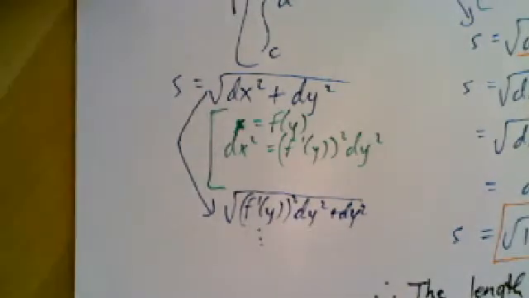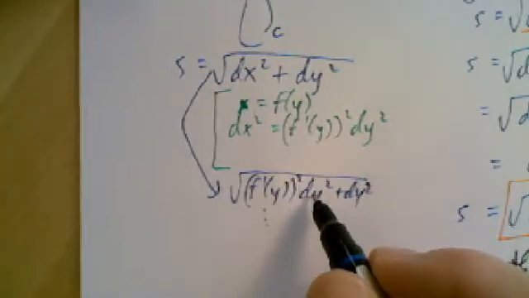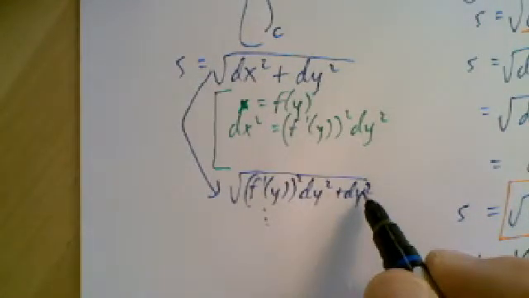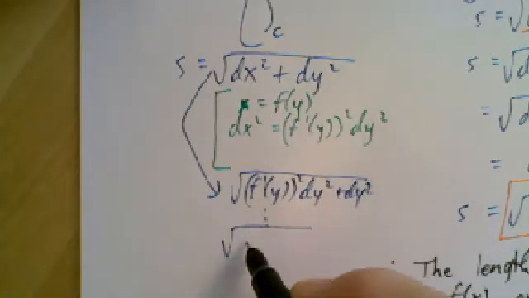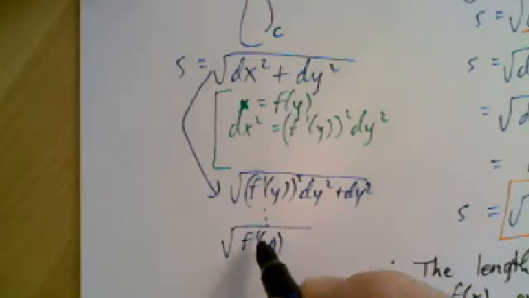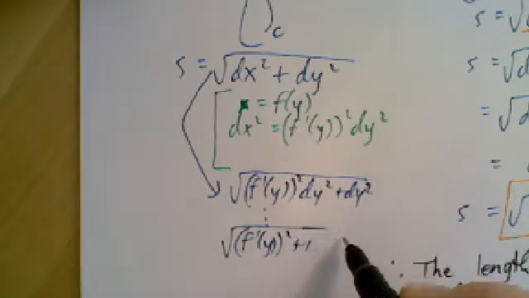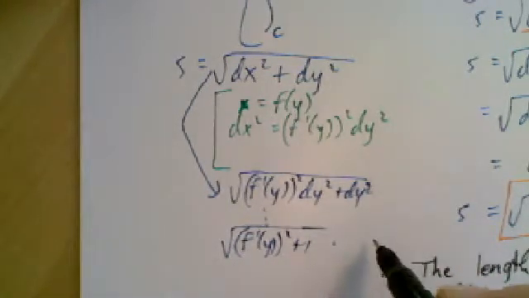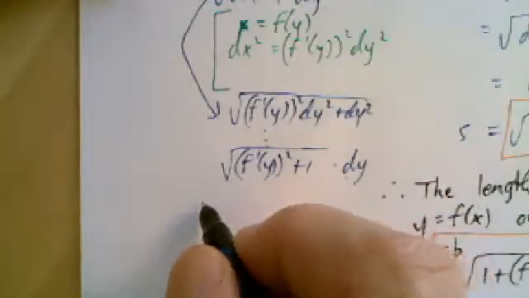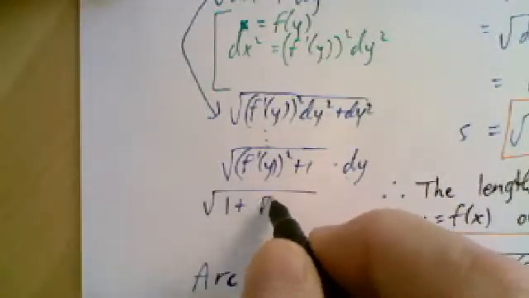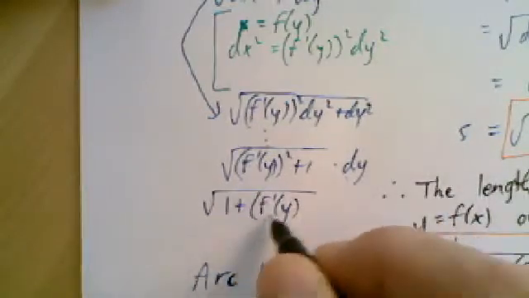A few steps later, we factor out the dy squared and separate the square roots, so we get the square root of f prime of y squared plus 1, multiplied by the square root of dy squared, which is just dy. But the preferred way to write that would be 1 plus f prime of y squared.